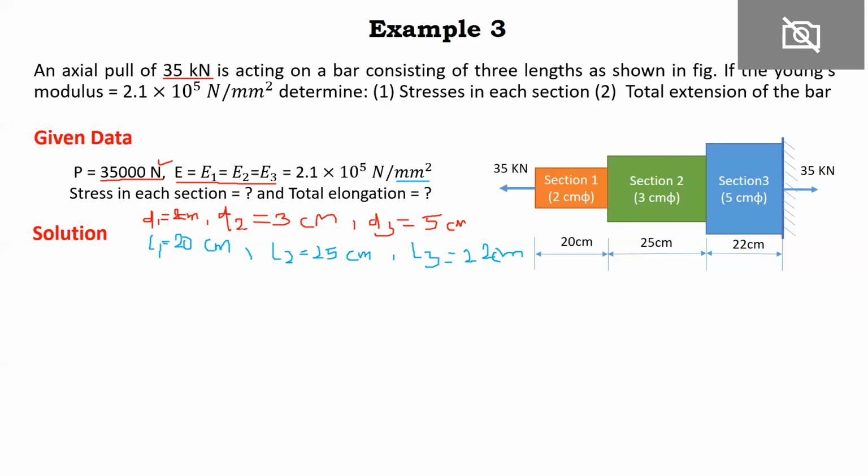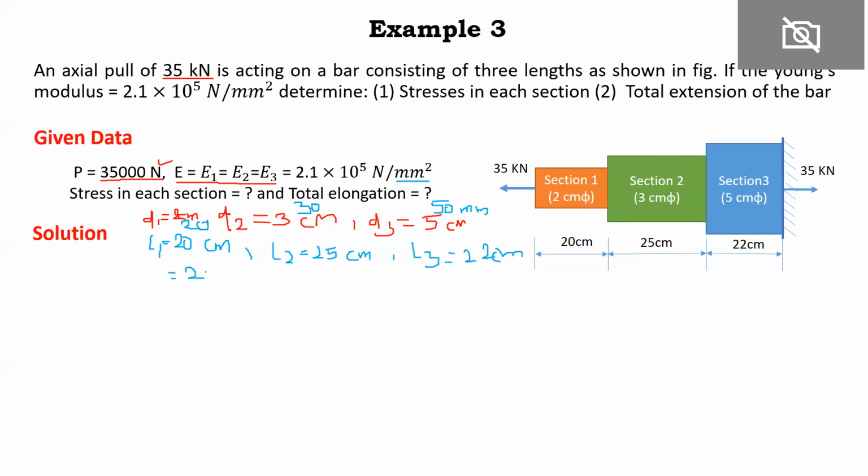So D1 is equal to 2 centimeter means this is 20 mm. D2 is 3 centimeter, sorry, 30 mm, and 5 centimeter is 50 mm. So you have to write this here itself in terms of mm.